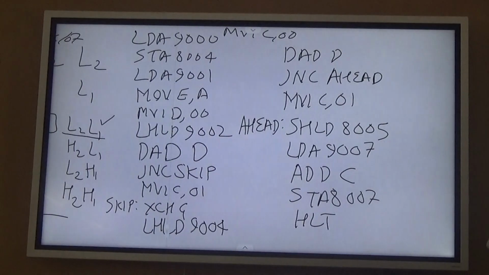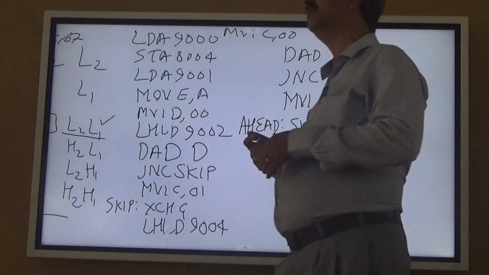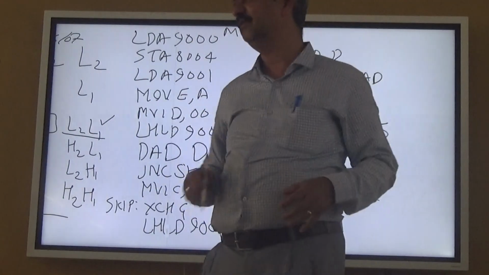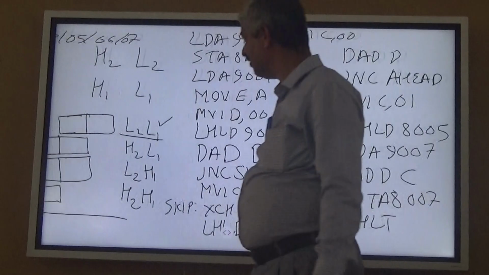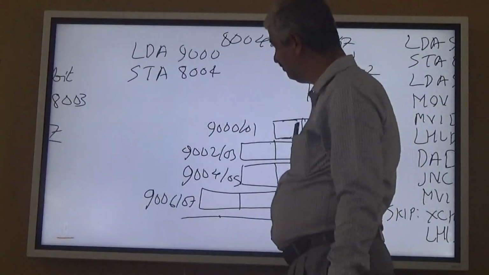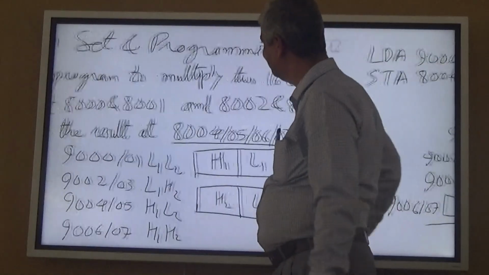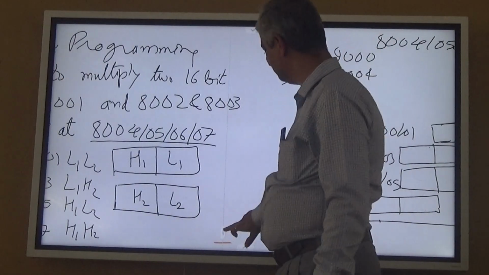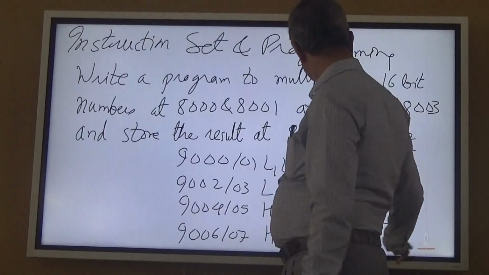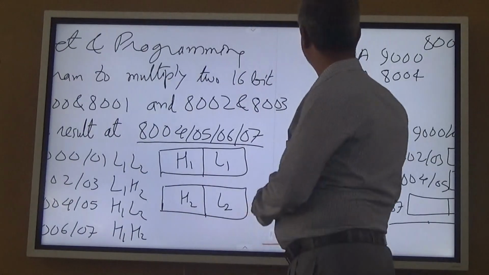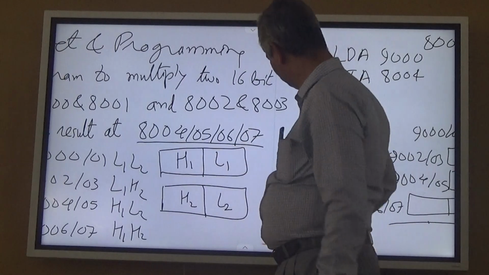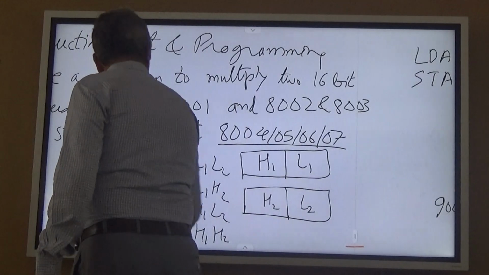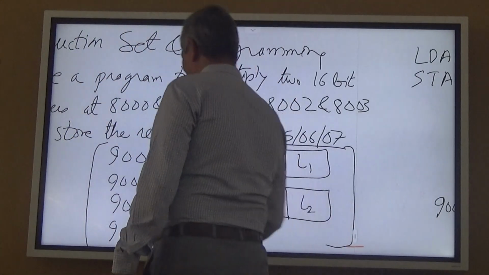So this is the program. Now we try to work on a new issue. But now the problem is what was told to you, this part was done by somebody else for you.